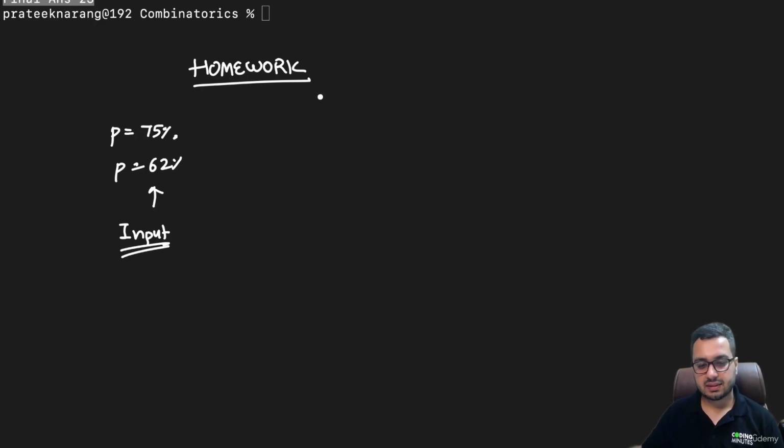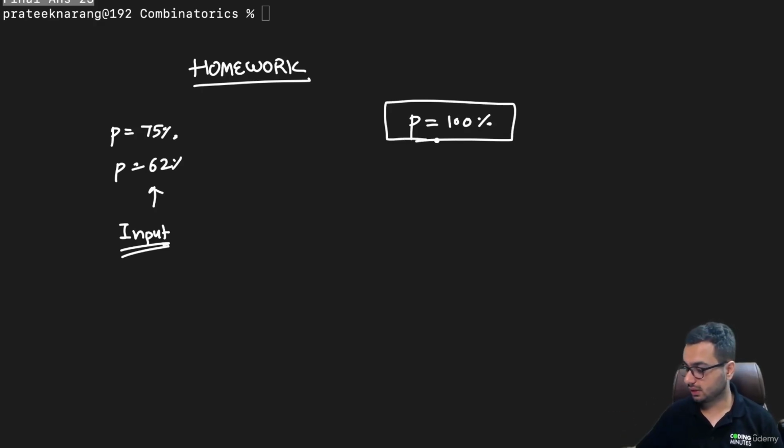And second is, what happens if I say I want 100% probability that at least two people should have the same birthday? This is going to form a special case. So in what case can I say how many people I would need so that there is a 100% chance that at least two people will have the same birthday?